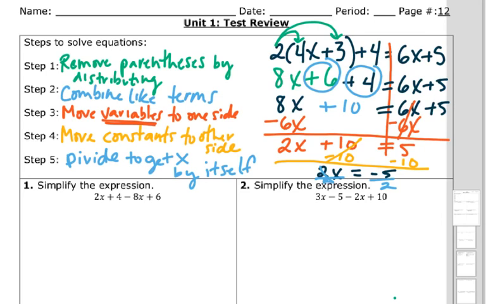Very easy. So my final answer of my little practice equation here is going to be x equals negative 5 over 2. You can write that as a decimal, or you can just keep that as a fraction. So it seems like a lot, but those are our 5 steps. You have now done them for like 3 weeks. So those are our 5 steps to get x by itself.